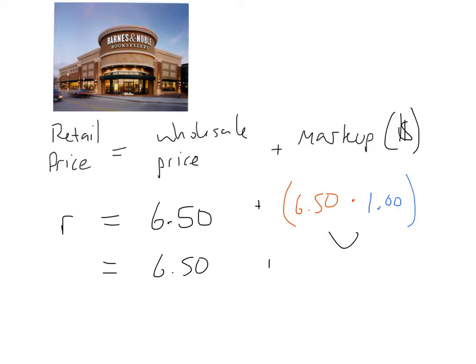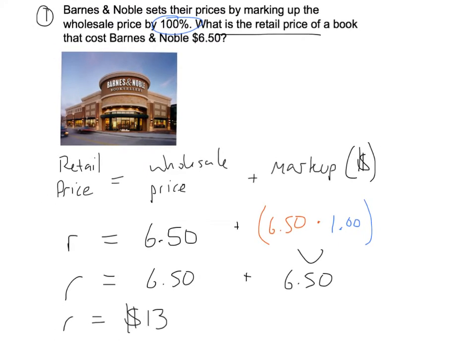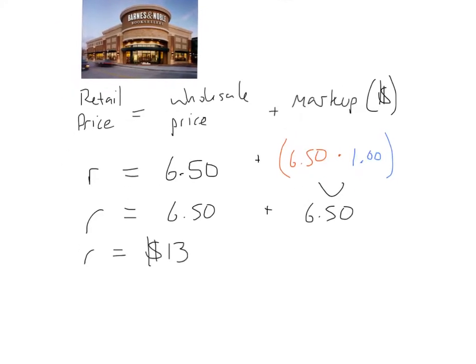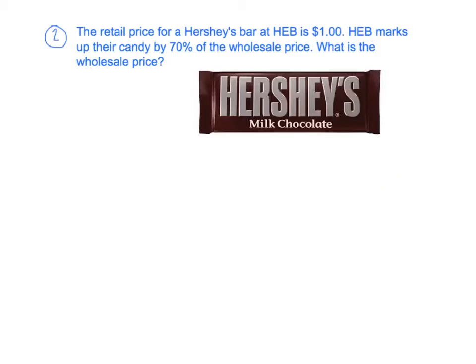So that becomes 650. And 650 plus 650 is equal to $13 right there. Okay. So if they have a book that costs them $6.50, they're going to sell it to you for $13. Alright, so why don't you pause the video and try this one as well, and then we'll play when you're done.